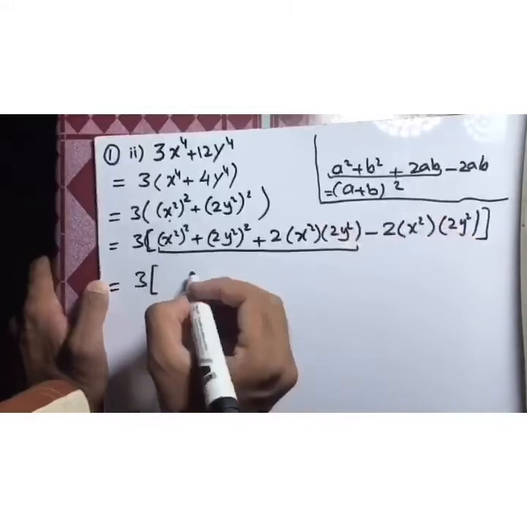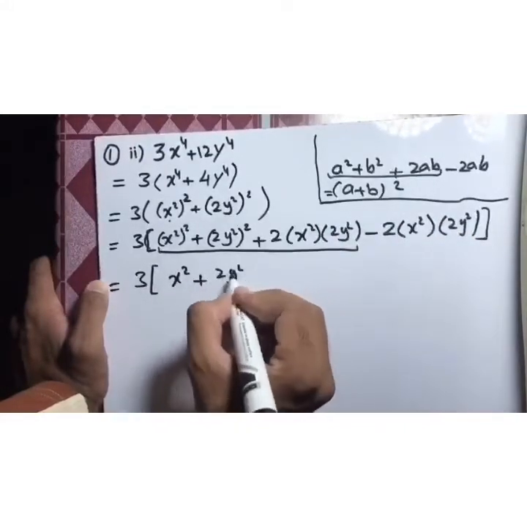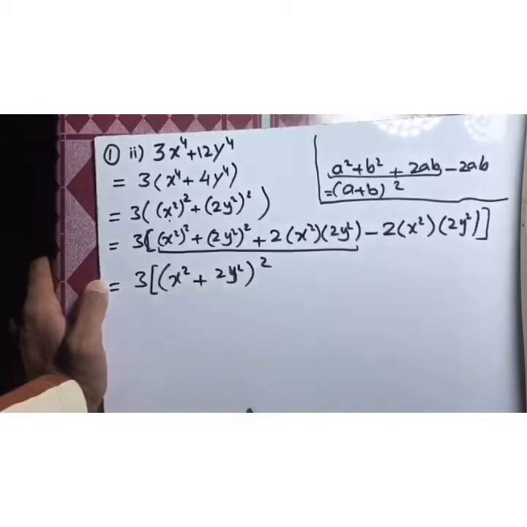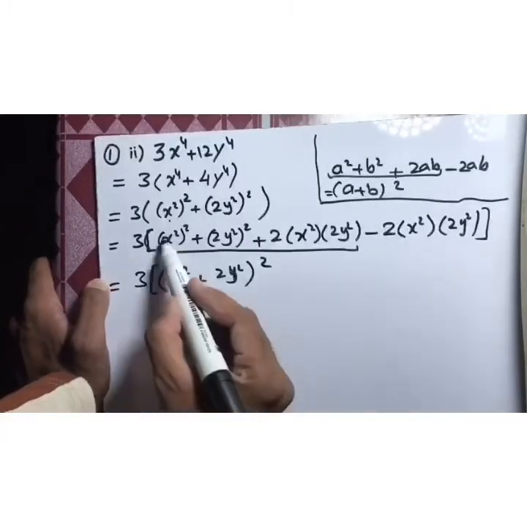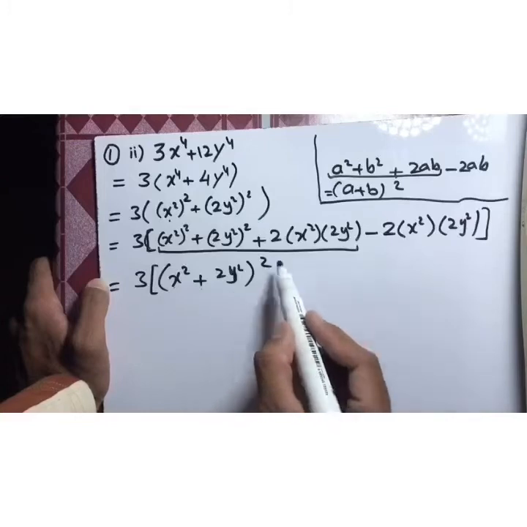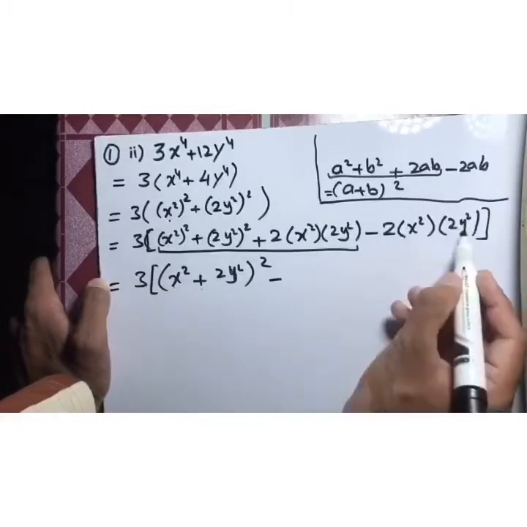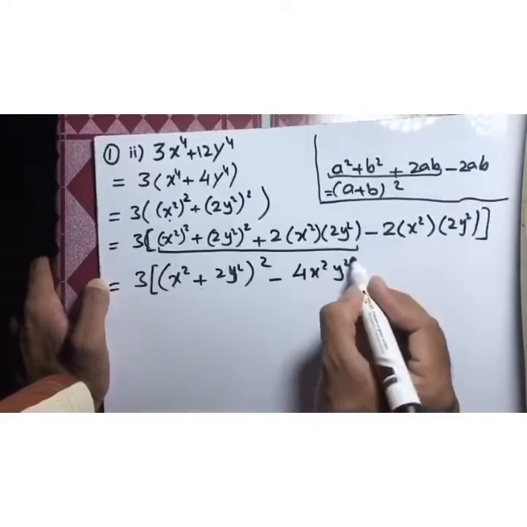So this can become x square plus 2y square whole square. As the sign with 2ab is plus, so we write plus. Here a is x square, b is 2y square, so we write a square plus b square whole square. And by multiplying this 2 to the 4, we get 4x square y square.